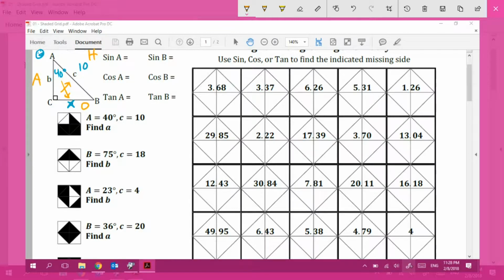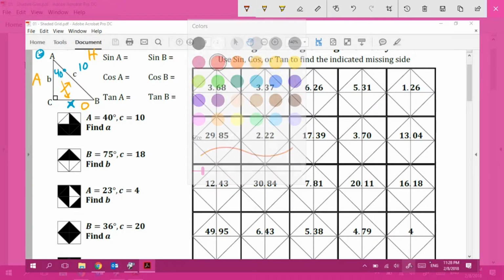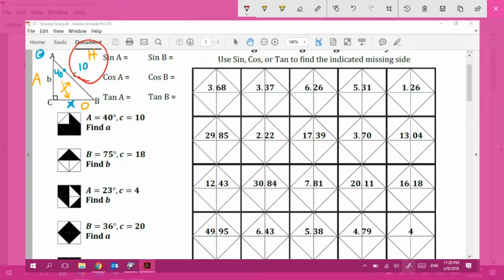So next, we're going to see what sides we're given and what side we're trying to find. We are given the hypotenuse, which is 10, and we're trying to find the opposite, which is X. Which one of the trigonometric functions uses opposite and hypotenuse? Did you say sine? Because that's right, it is sine.